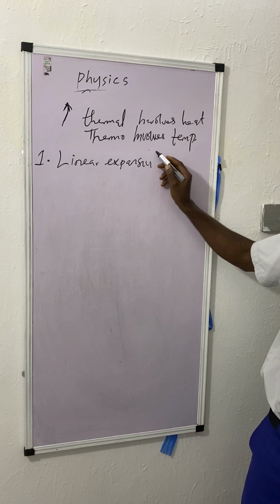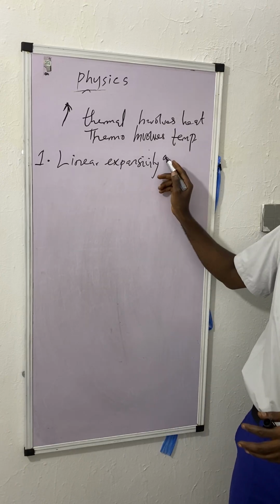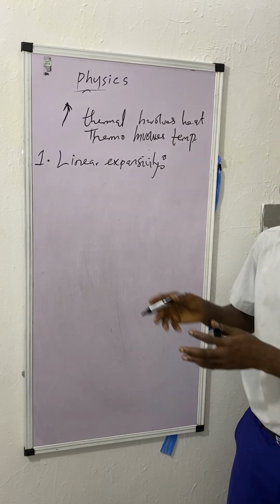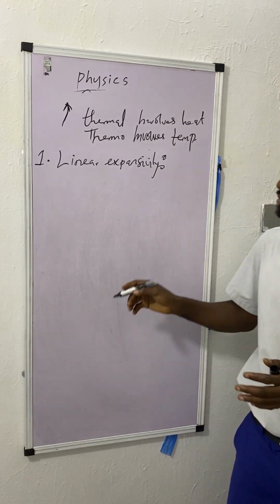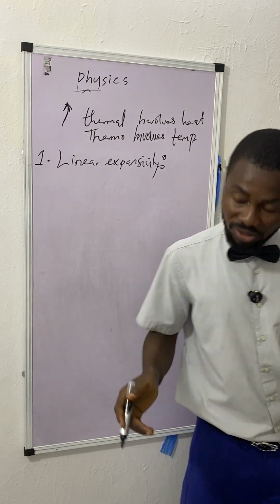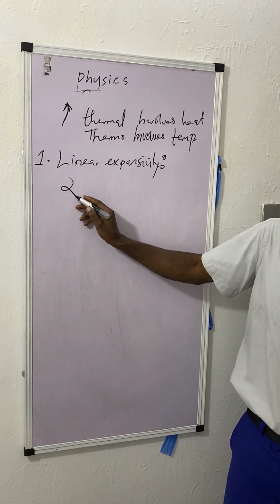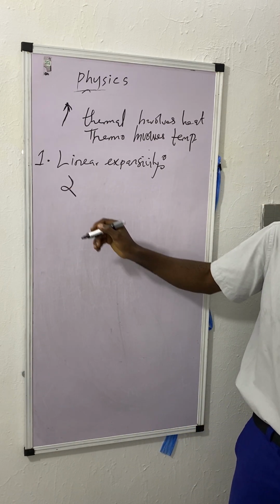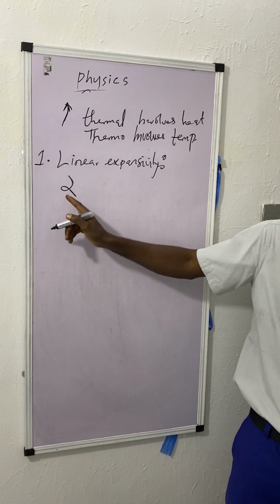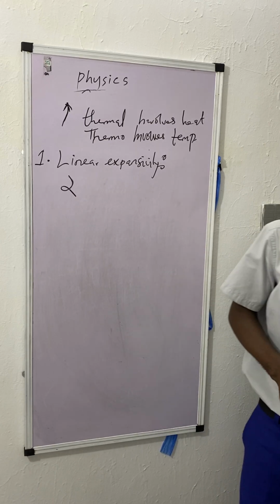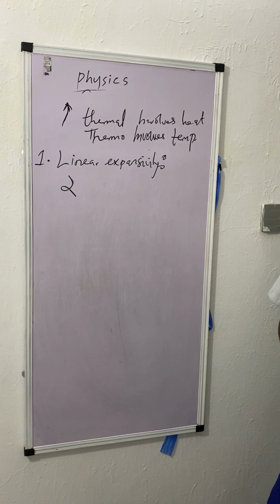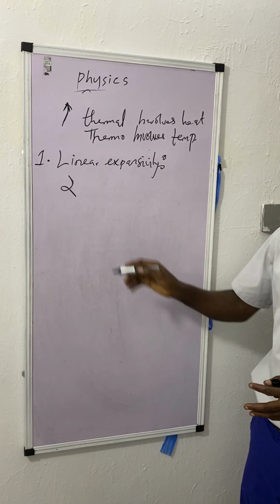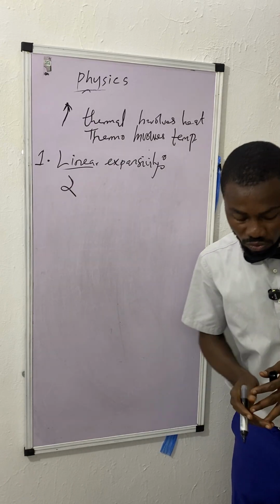What is linear expansivity? It is when metal expands in a straight line because of applied heat. It's usually represented with alpha. This is the sign of linear expansivity.